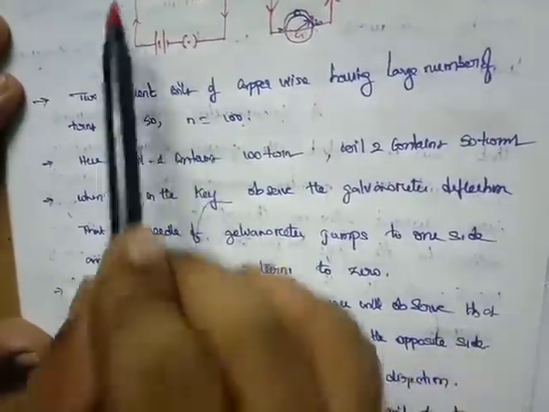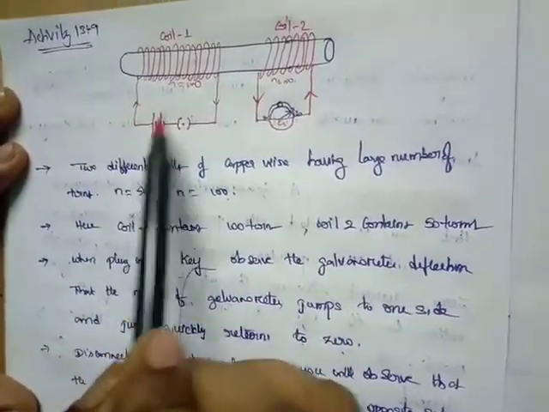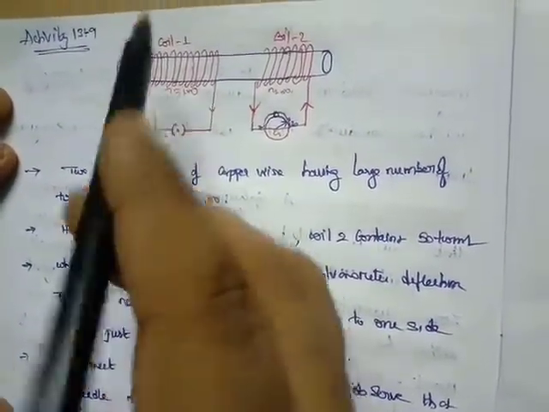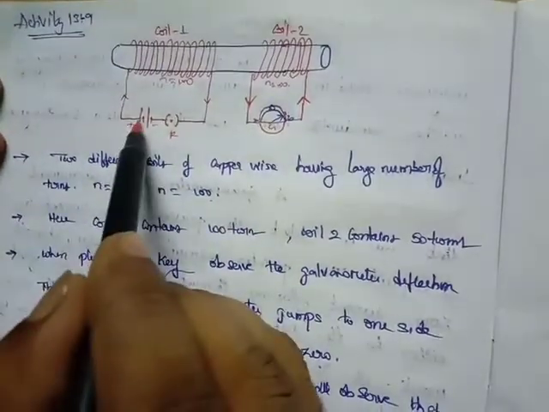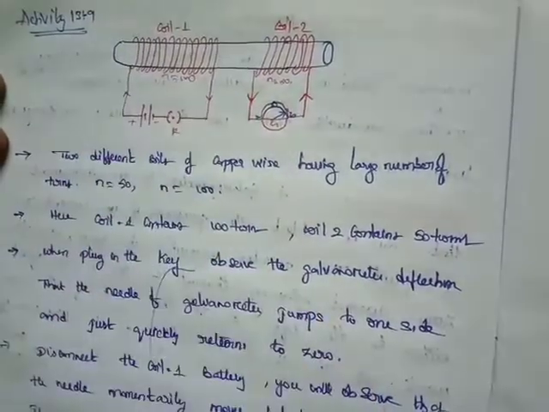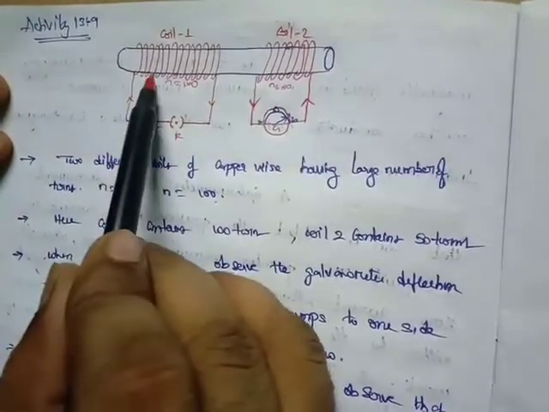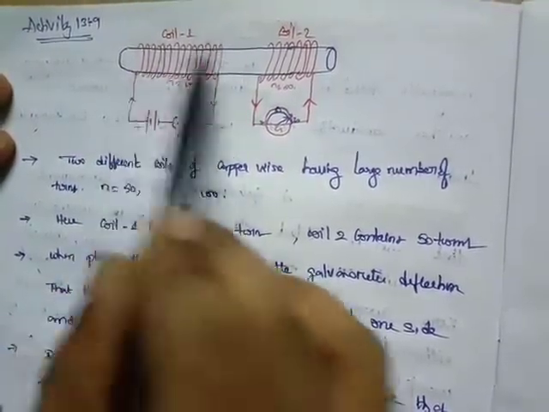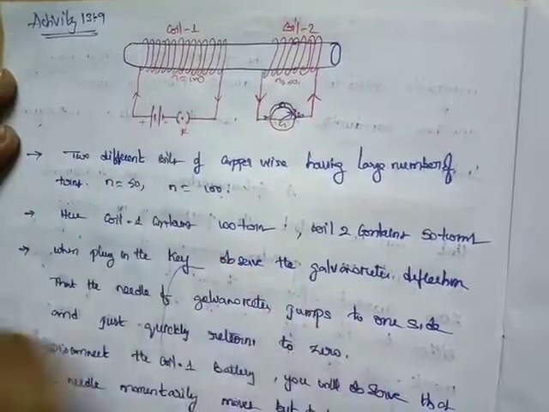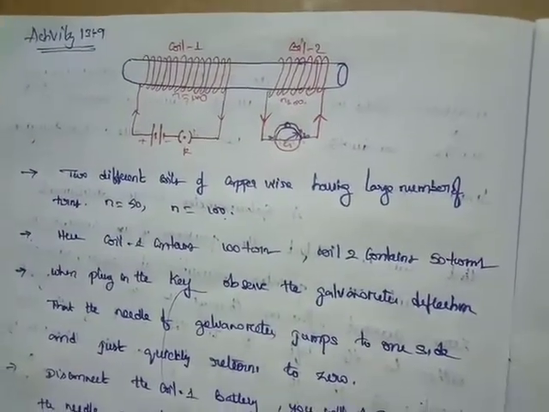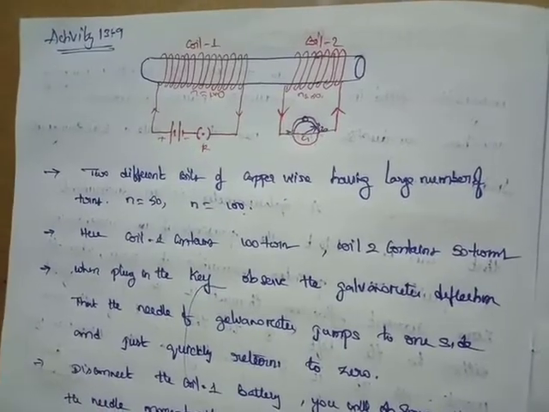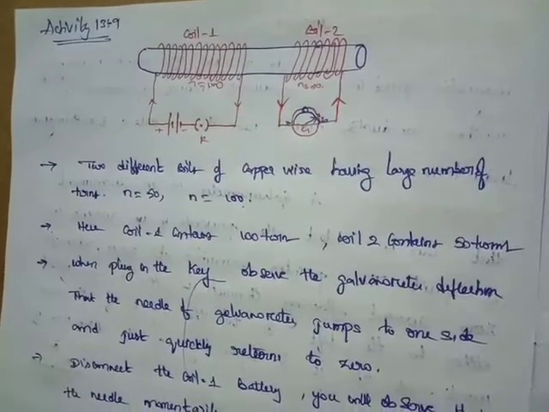Clear? So here coil 1 is connected to the battery in series with the plug key K. The current direction is always positive to negative. Coil 1 gets current, and there is a rheostat. What is that? A rheostat makes the resistance increase or decrease.